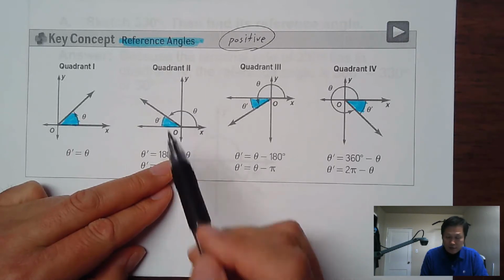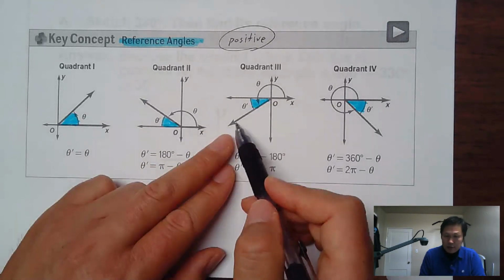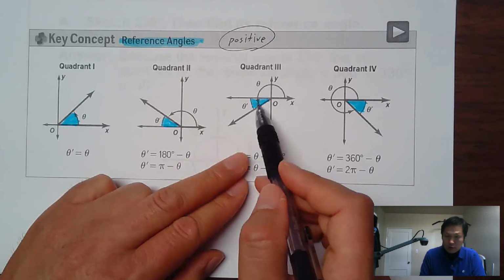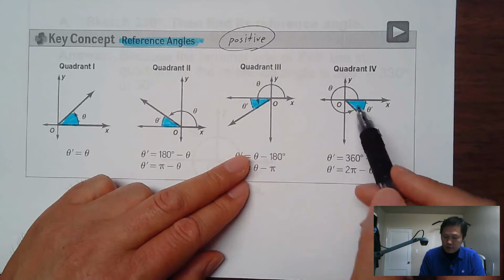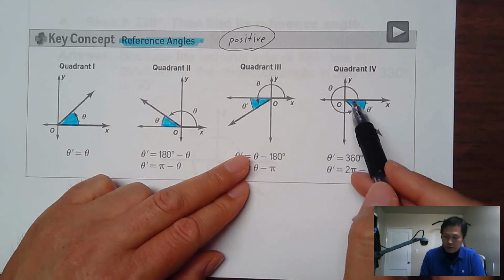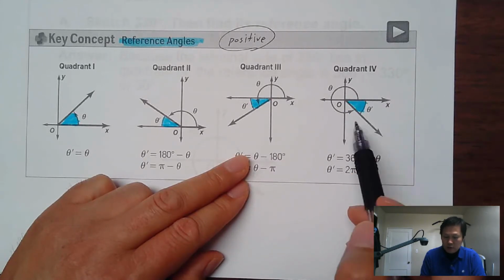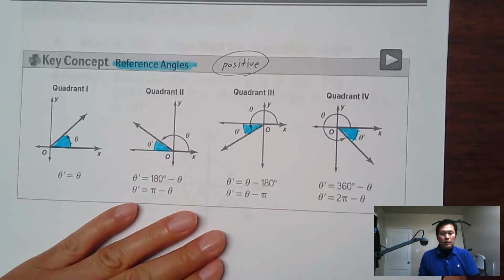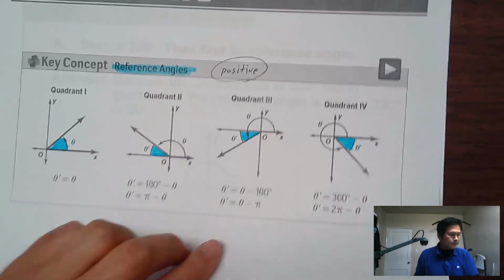That's not the reference angle. Same thing if your angle is located in the third quadrant, this should be the reference angle, never against the y-axis. So that's one thing you have to be careful with.